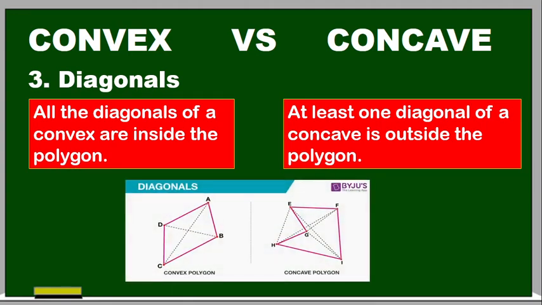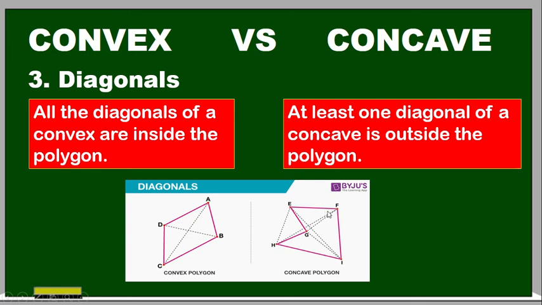Example, let's have in this one, itong nasa left part natin na object. Okay, so what are the diagonals in quadrilateral ABCD? Okay, so we have side or line segment AC, we have line segment DB. So yung diagonals natin is within the polygon. Nandun siya sa loob.